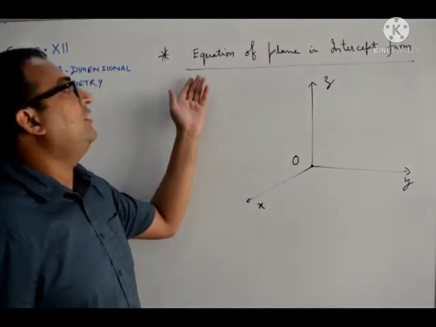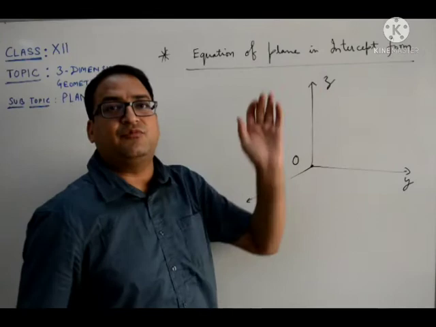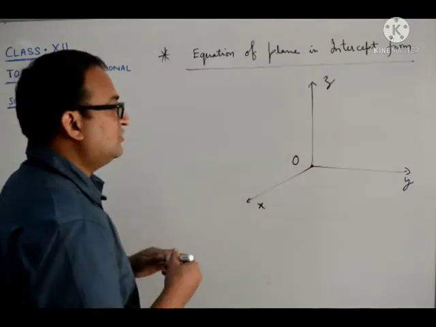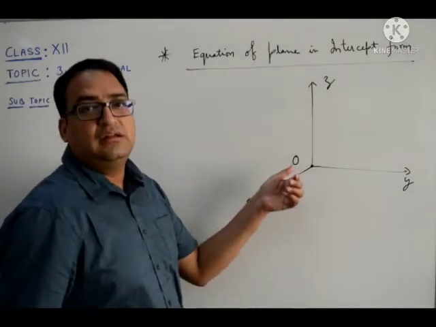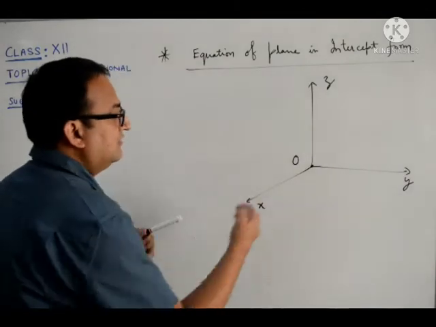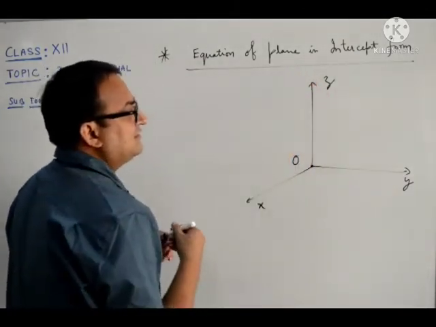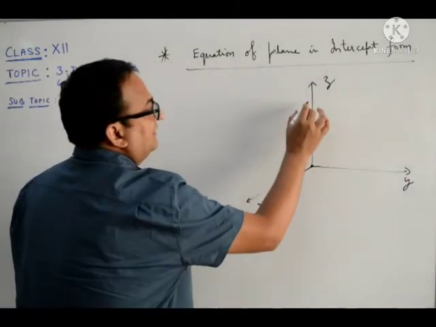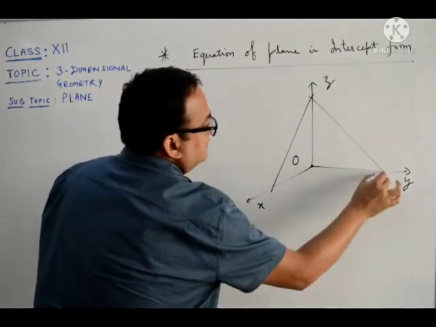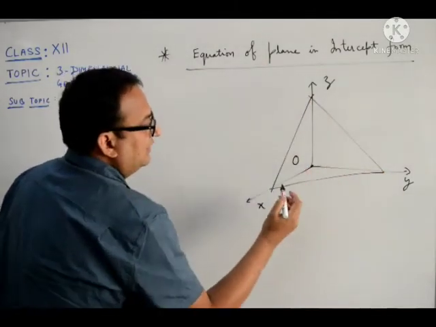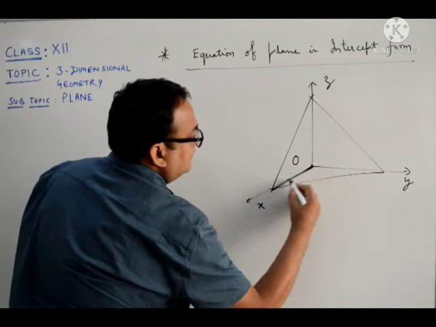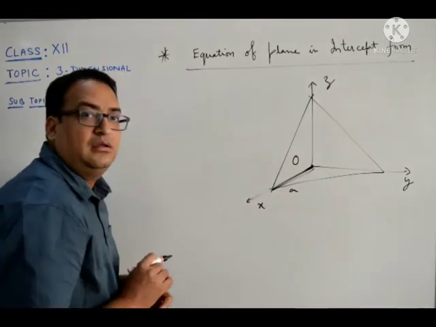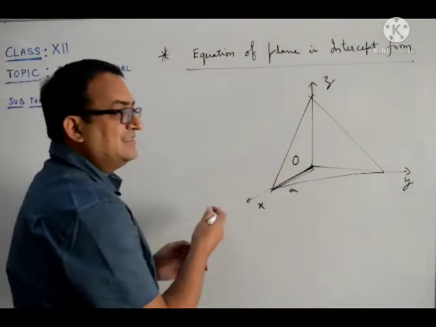Next we have the equation of plane in intercept form. Suppose this is our three-dimensional geometry. This is the x-axis, y-axis and z-axis, and we have our plane like this. So this is the x-intercept A, made by the plane on the x-axis.